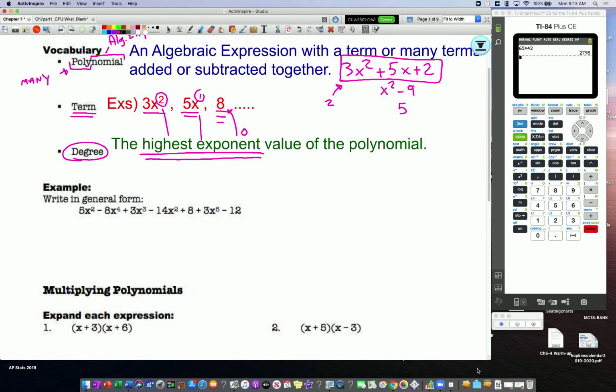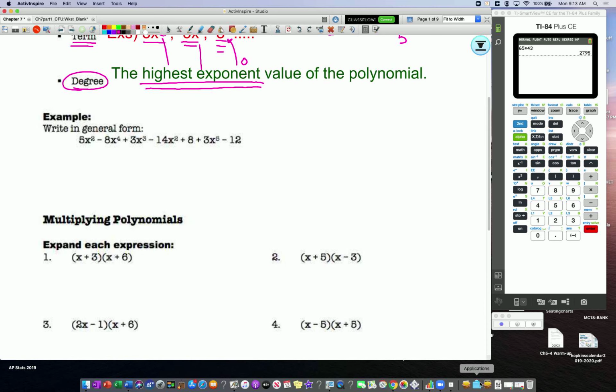Okay? So on this one here, when we're combining them, we take the highest, which would make it a degree 2. Just to give you some practice in writing it in general form, you're writing it from highest degree to lowest degree.